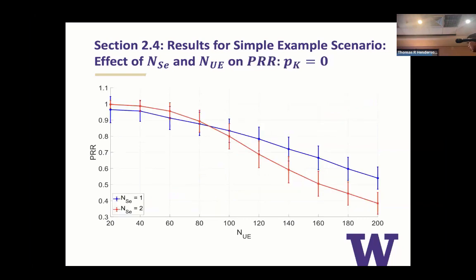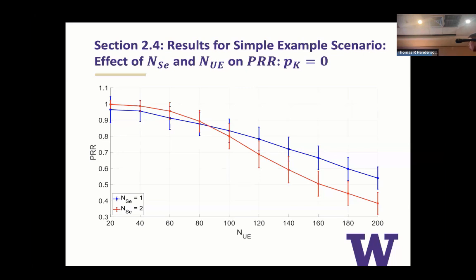But we have different results regarding the PR. At the low vehicle density, the PR with NRC equal to 2 is higher than with NRC equal to 1. But at the high vehicle density, this will be inverse.